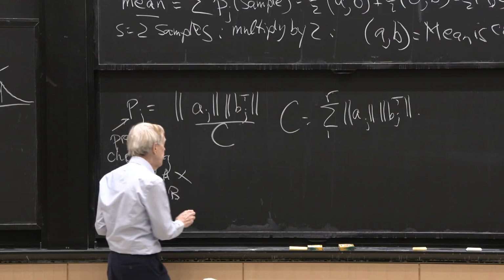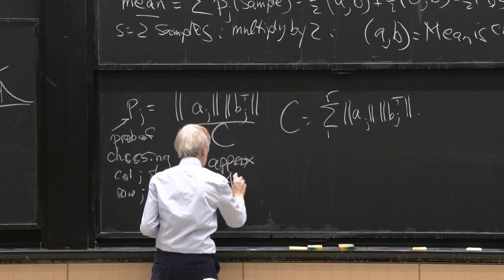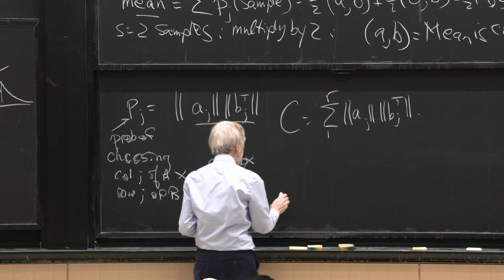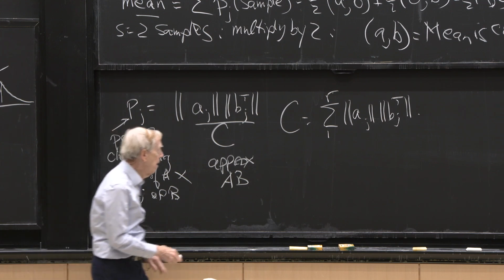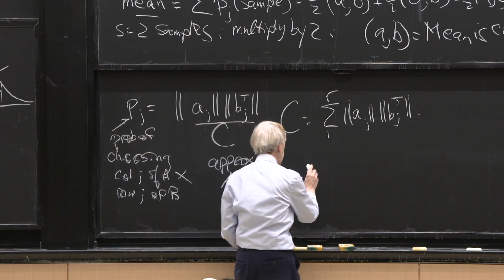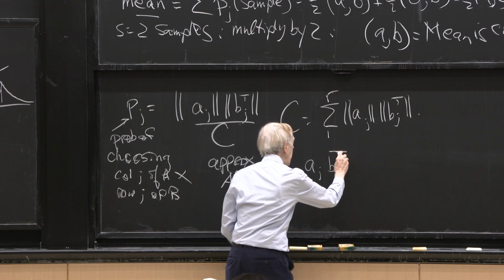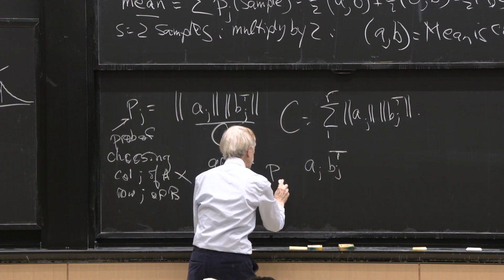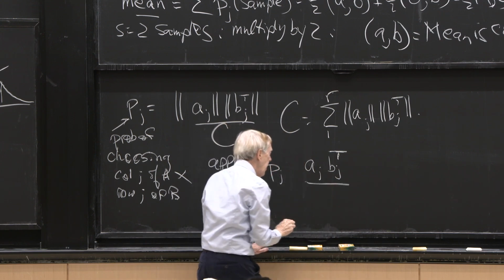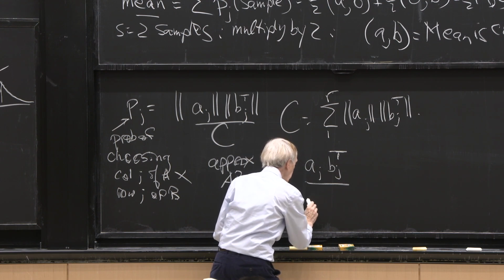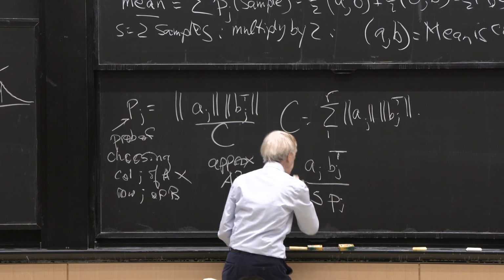So my approximate AB will be, I'll take the Aj, Bj transpose that comes out. It comes out with probability Pj. But I'm going to divide this by, and I think this is the right one, S, the number of samples, times Pj.